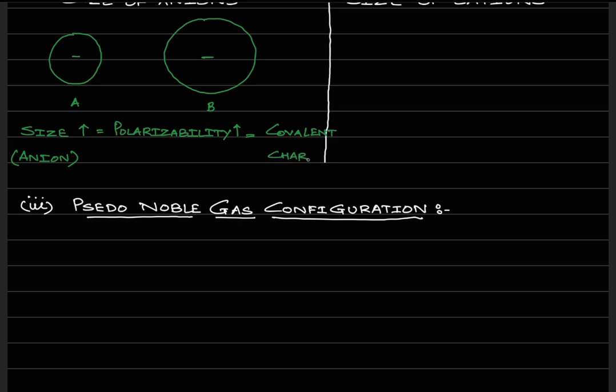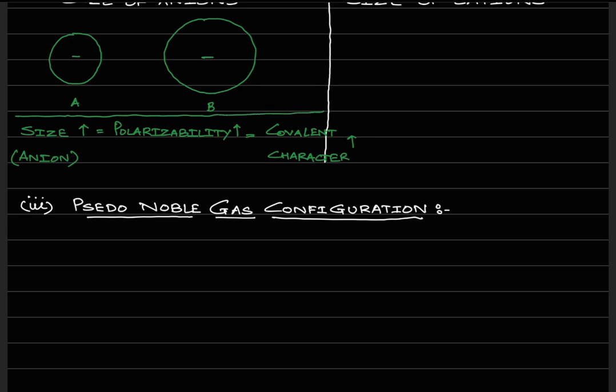Please remember this. So for the case of anion, as the size increases, the covalent character goes on increasing.